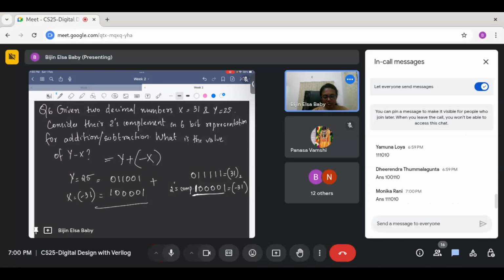Yamuna is right. Okay. Now 0 carry 1. 0 1 1 1. This is the answer. All of you understood this? We are taking 2's complement to represent this negative number.